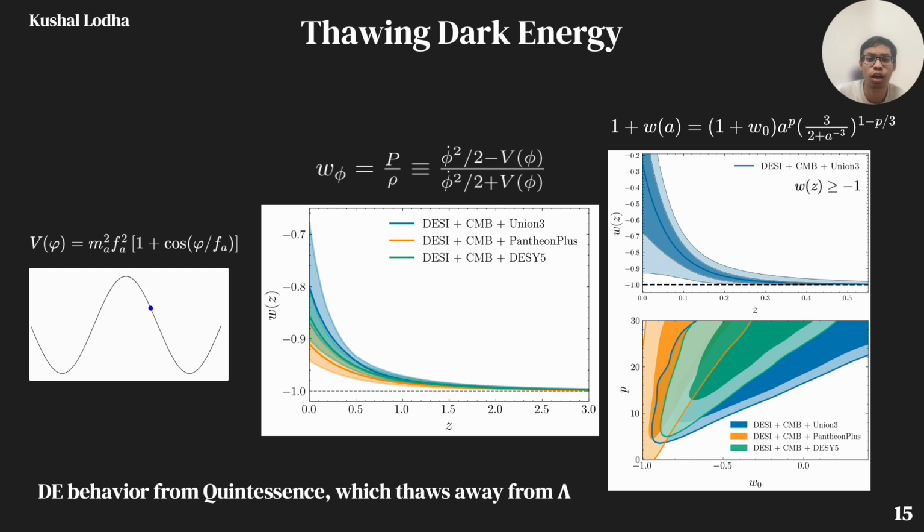As an illustrative example to show that this parameterization works, we have converted the dynamics of an axion-like field into w of z, and you can see that this is a very similar form to what we get when we consider constraints on w of z from DESI plus CMB plus Union 3. In the bottom plot, I'm showing you how the posterior areas differ if you change from Union 3 to DESI DR5 or the Pantheon plus combination.